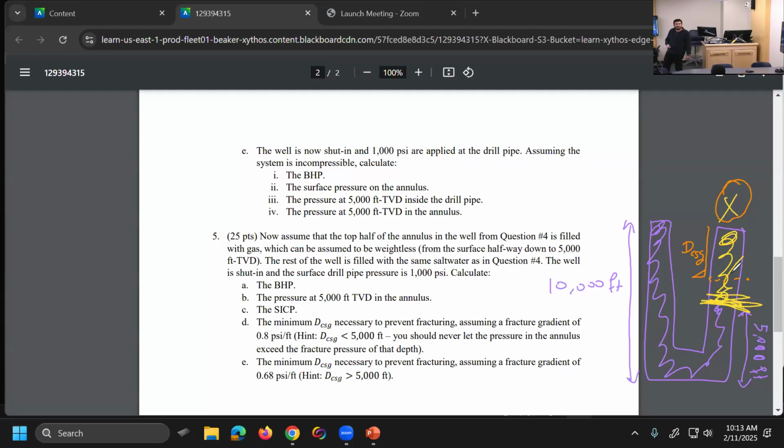But won't you use the density of the mud? The density of the mud is below. Below? I used it to get here. And then the pressure here versus the pressure here, what is the difference? The difference should be 0.052 times the density times 5,000 minus 3,000. There is no density, it's the same. There is no density, we said it's weightless. So the pressure here is the same as the pressure here.